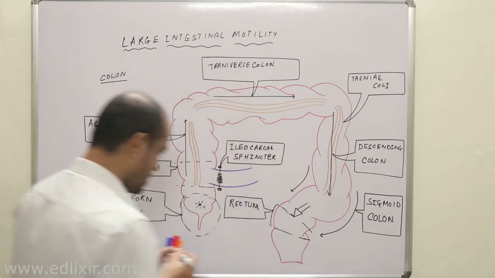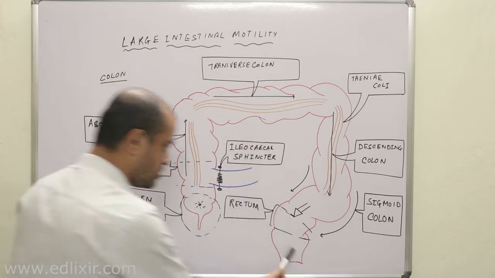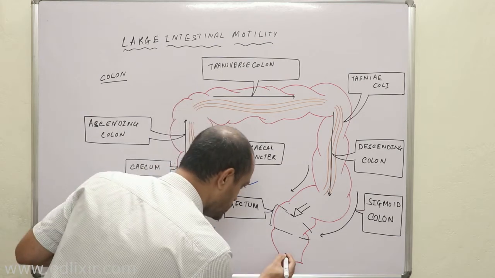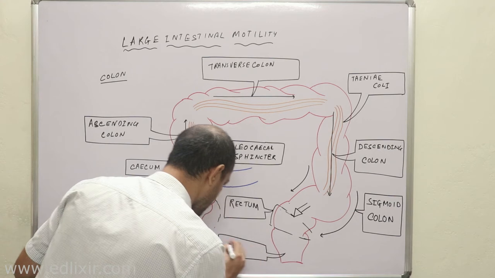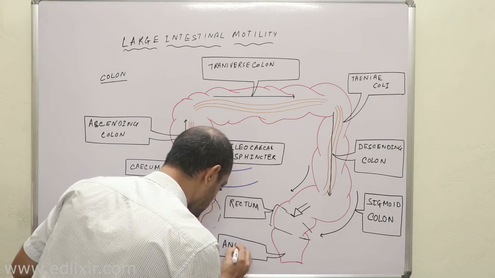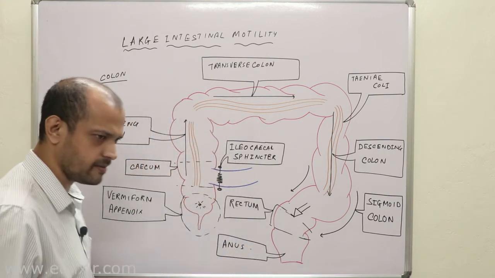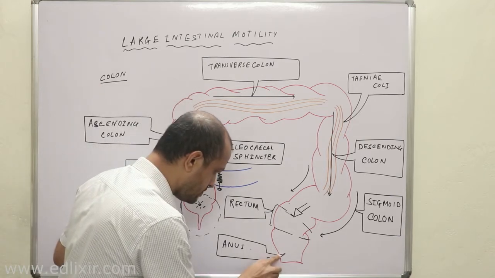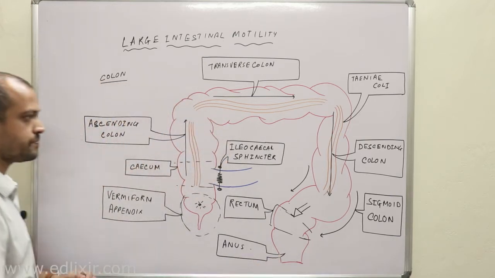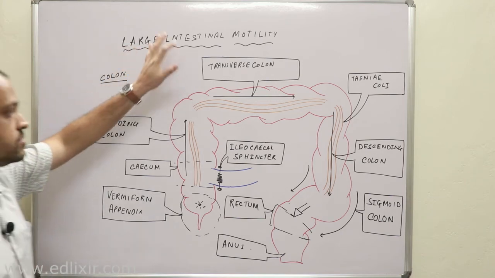Clear? And this rectum opens in an orifice-like space which is called anal, or anus. Okay, not anal, thank God. Okay, clear? So this is the naming of large intestinal parts.